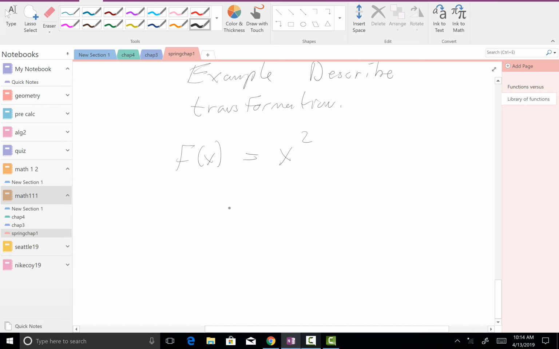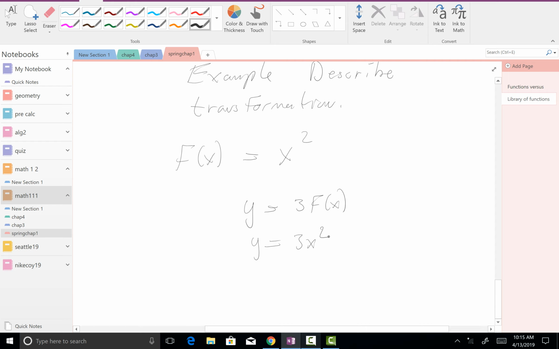So then they have y equals, and here's how they're going to do this. They're going to go 3 times f of x. So what does that mean? That means y equals 3 times x squared. So what do you have to do?